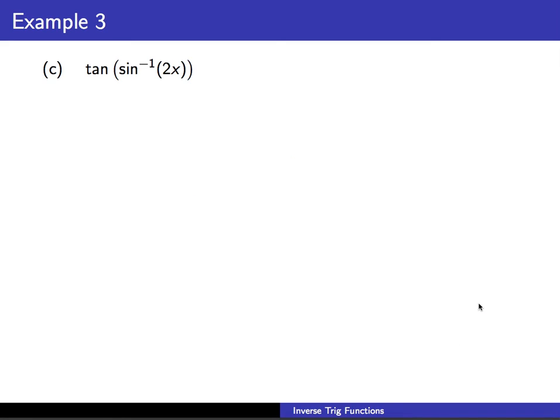All right, part C, we have the tangent of the inverse sine of 2x. This time we have a 2x here, which we'll put over 1. Sine, again, is opposite over hypotenuse, so 2x is opposite, hypotenuse is 1. And tangent is opposite over adjacent. So we need the tangent of theta, which means we need to find the length of the adjacent side.